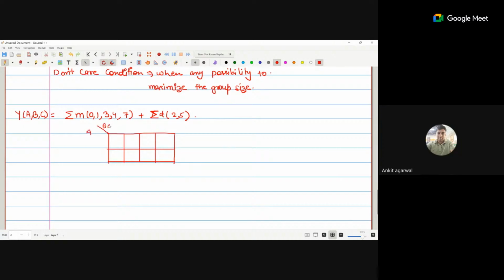So A, B, C go 0, 0, 0, 0, 0, 1, and so on. The minterms are 0, 1, 3, 4 and 7, and there is D, the don't cares, at 2 and 5.